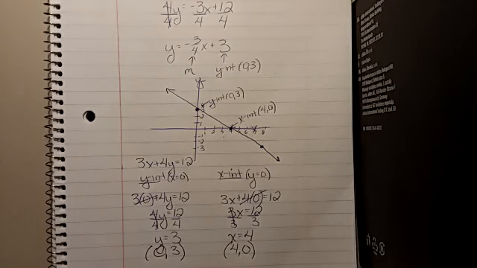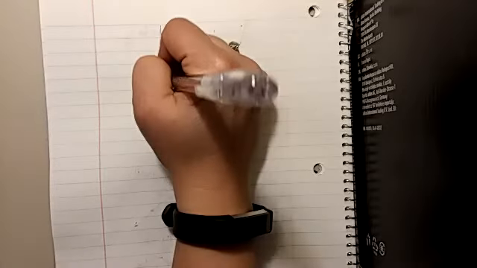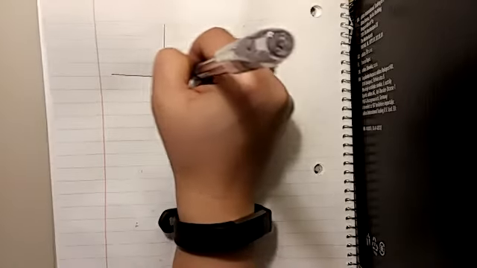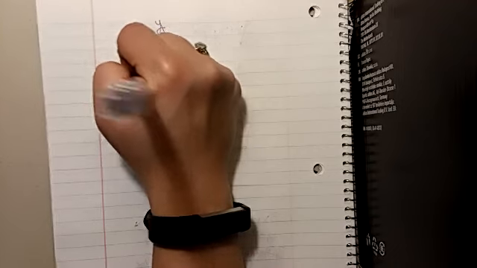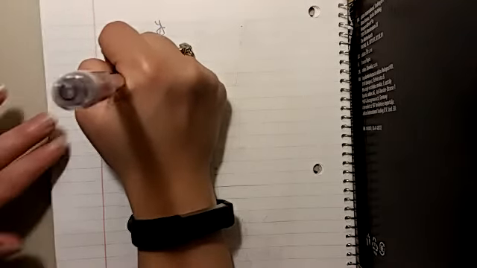And the last thing that I wanted to do in this video is address what happens with vertical and horizontal lines. So let's say we have a vertical line going through -3 on the x-axis.